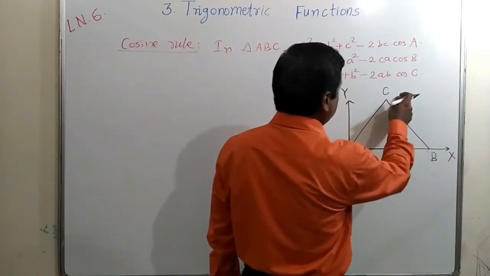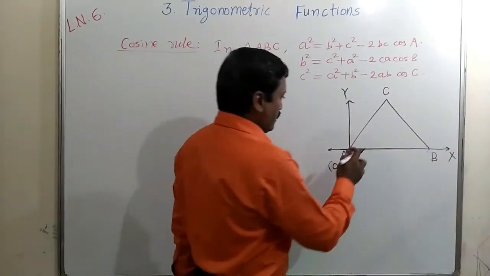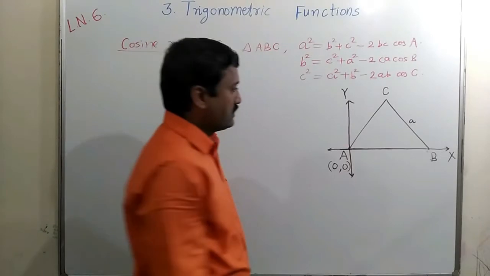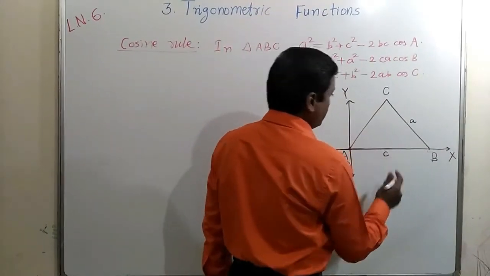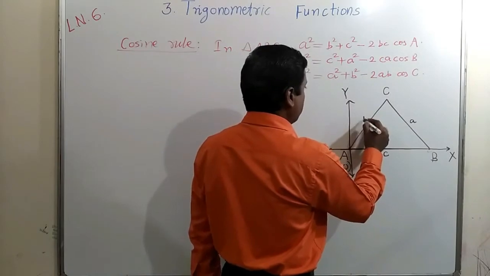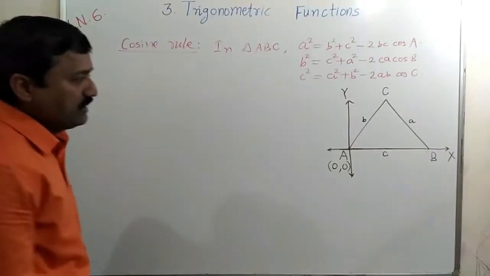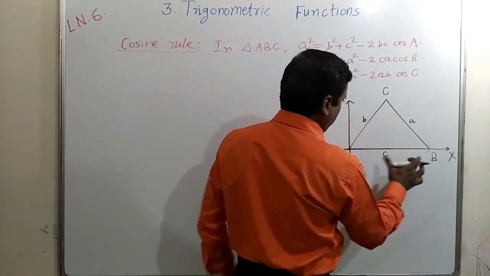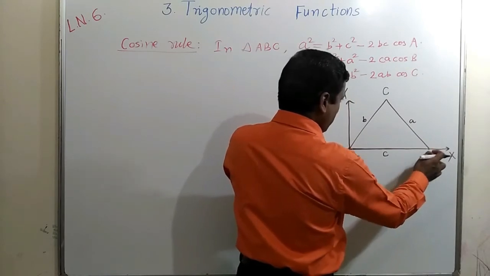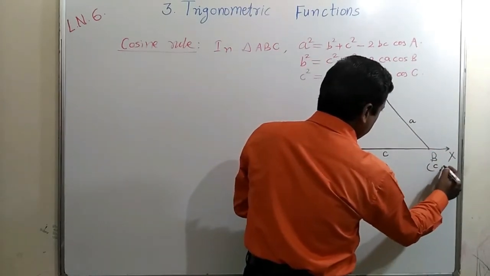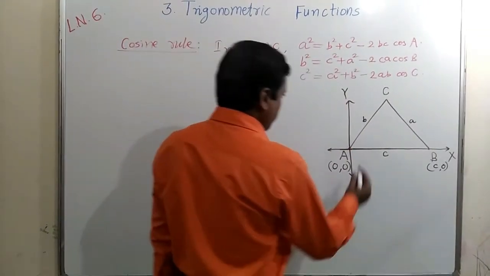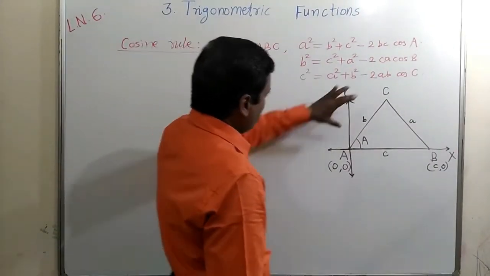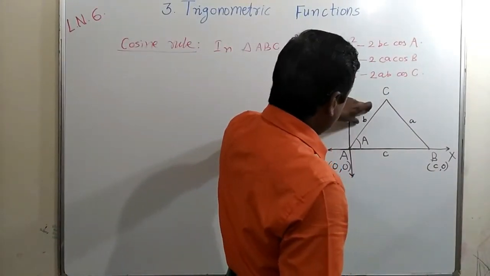As this is triangle ABC, by convention, the side opposite angle A is small a, the side opposite angle C is small c, and the side opposite angle B is small b here. So using these lengths of sides, this is the length of side AB, so the coordinates of B will obviously be (c, 0). Now this is angle A and the distance AC is b.